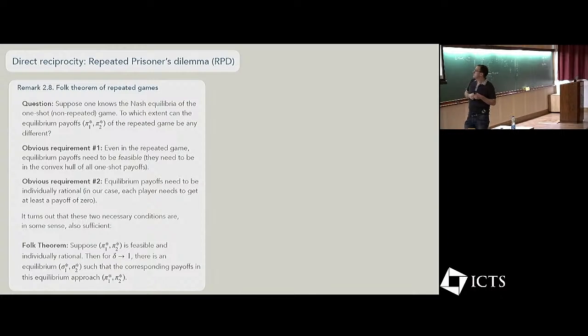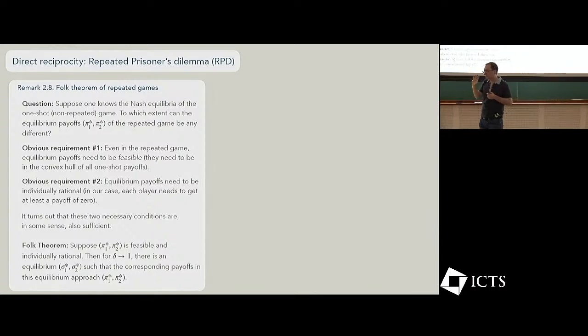Suppose I take an alternating game or a stochastic game between two prisoner's dilemmas. Does this kind of theorem still work? The question is, we looked at the repeated prisoner's dilemma, where players play the same game over and over again. There is a more complicated class of games called stochastic games, where you don't play the same game over and over again. Rather, the game that you play in the next round might depend on what happened in the previous round.